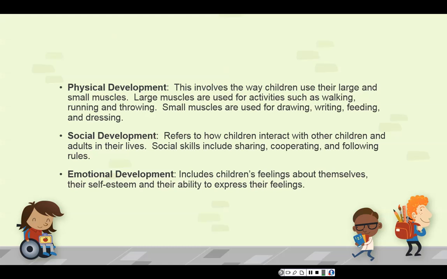Emotional development is very closely tied in with social development. In fact, in some books you'll see it classified as social/emotional development as one thing. Here, for the purposes of this course, we're going to separate them. Emotional development includes children's feelings about themselves, their self-esteem, and their ability to express feelings.